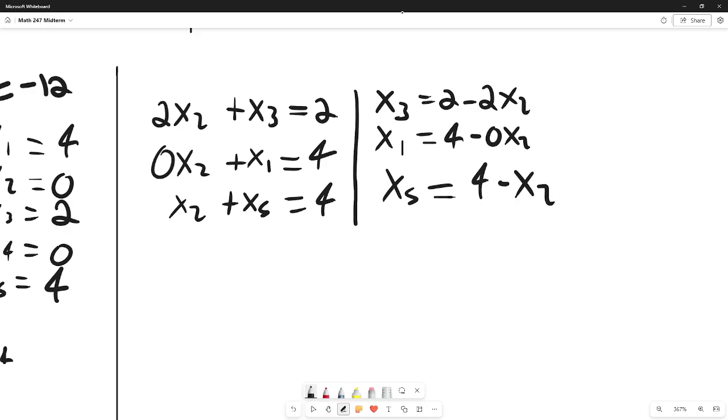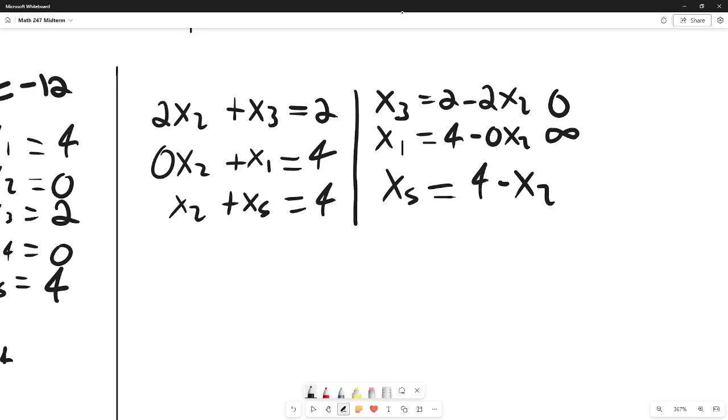Well, the highest value that x2 can go here is 1, because if you go any higher, then x3 will become negative. The highest value that x2 can go here is infinity, because you're multiplying infinity by 0, that's just 0, and x1 is still just 4.